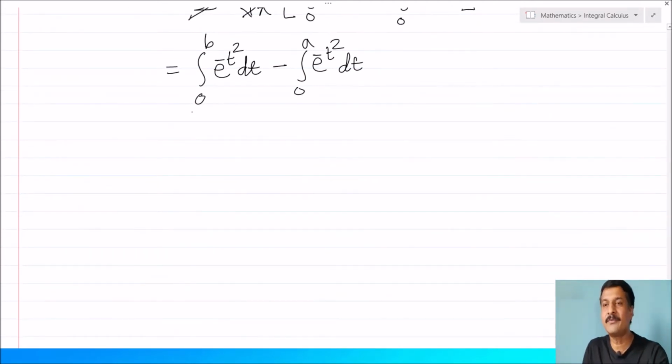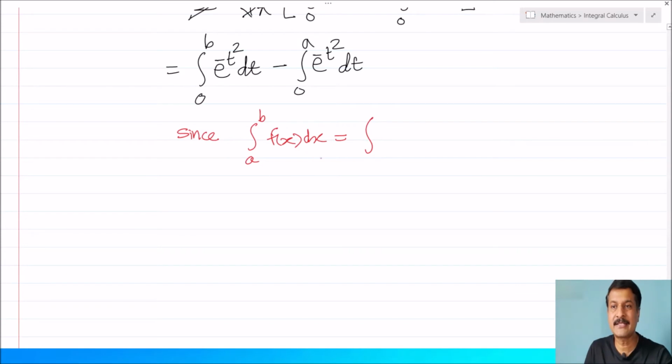Properties of definite integral: integration from a to b f of x dx, suppose I want to interchange the limits, means lower to upper and upper to lower, minus sign outside. So minus integration from b to a f of x dx.